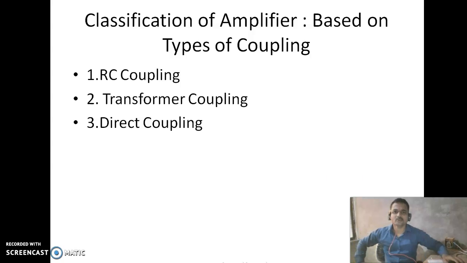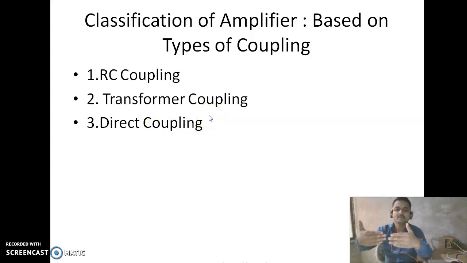So, classification of amplifiers based on the types of coupling. Coupling means joining one stage of the amplifier to another stage, and the types are RC coupling, transformer coupling, and direct coupling. If one amplifier stage is there, we have to connect another amplifier stage, so to connect them we need coupling between them, that is RC coupling, transformer coupling or direct coupling.